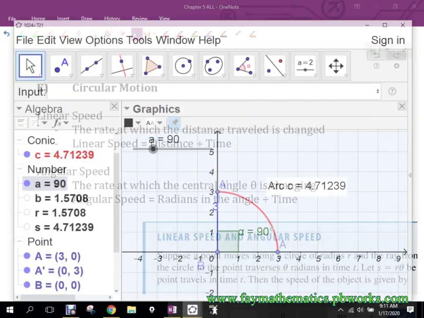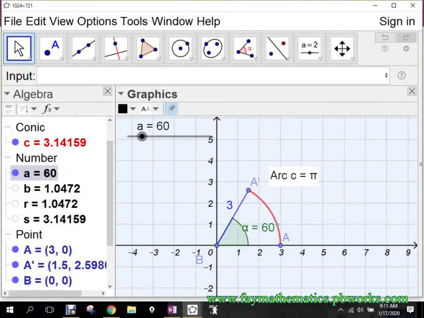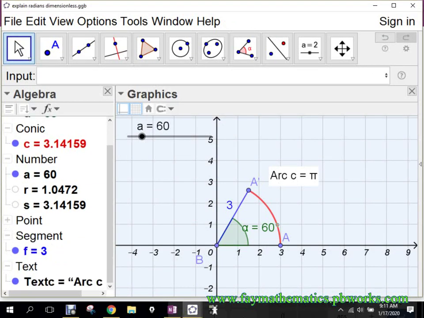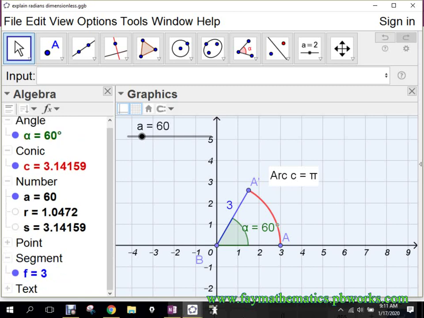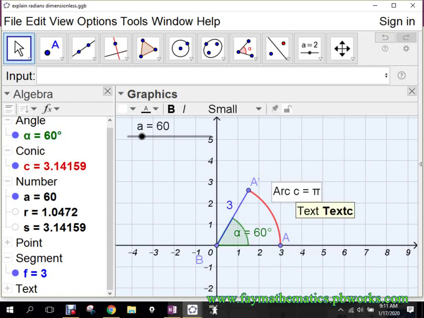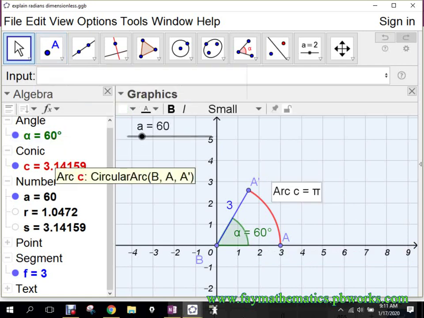The explanation of this first. Okay, so what I've got here, and I think we spent a little bit of time at the end yesterday mentioning this, is an angle measurement, 60 degrees. I have taken GeoGebra here.